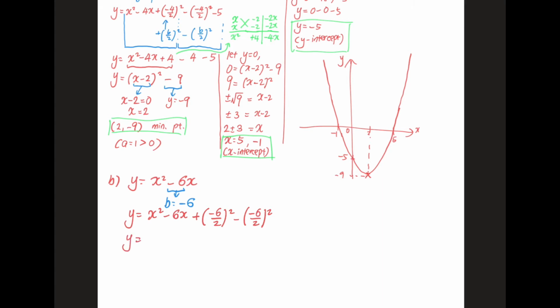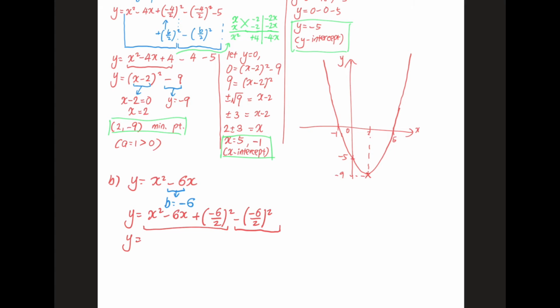Now again, the first 3 terms are going to be the perfect square. For the last term, you have to work out the values.